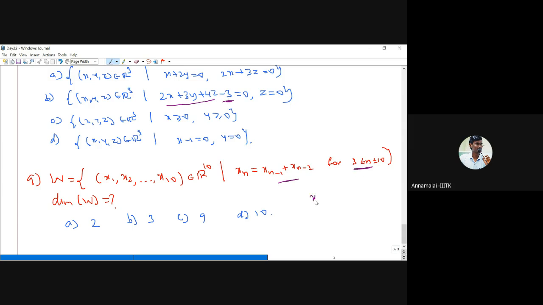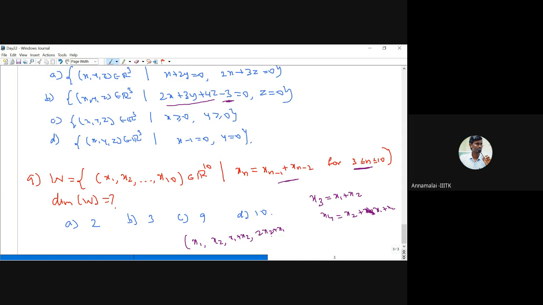Suppose we take x3, so x3 is nothing but the sum of the previous two terms, that is x1 plus x2. Therefore I am writing x1, x2, and instead of x3 I write x1 plus x2. Now what about x4? x4 is the sum of the previous two terms, x2 plus x3, but we know that x3 is x1 plus x2. So this is 2 times x2 plus x1.